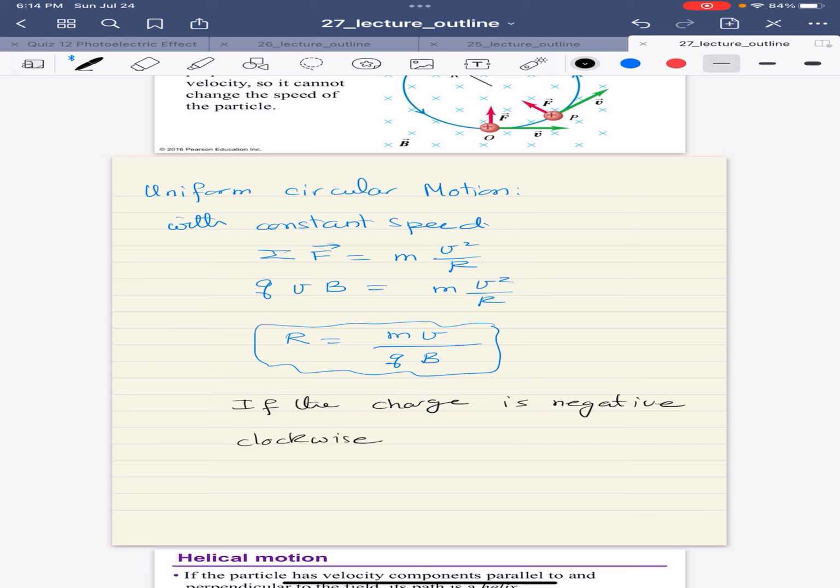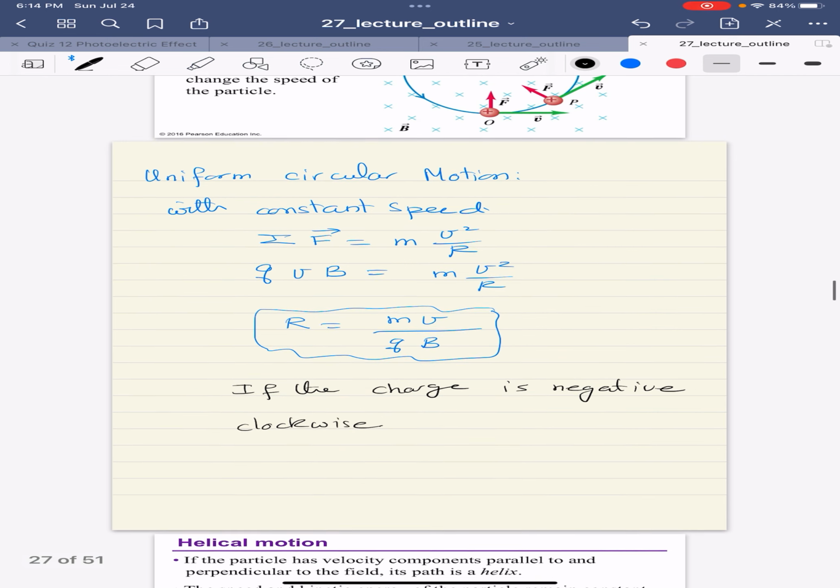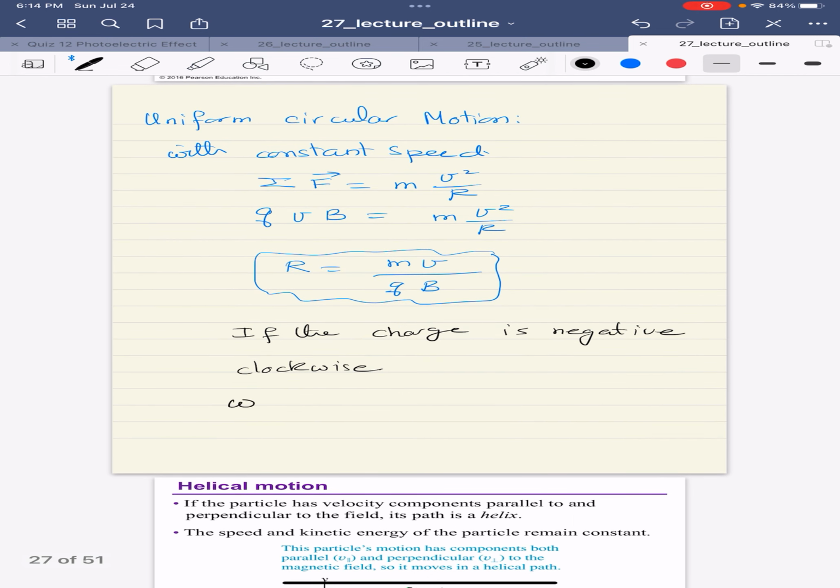Instead, what we discuss here is for a positive charge. Now we can also find the angular speed as v over r, and that is going to be qB over m. We know that it is going to be constant, taking just the magnitude.